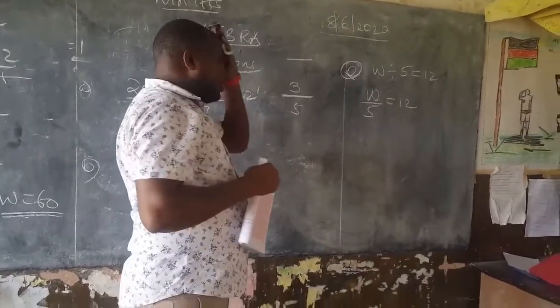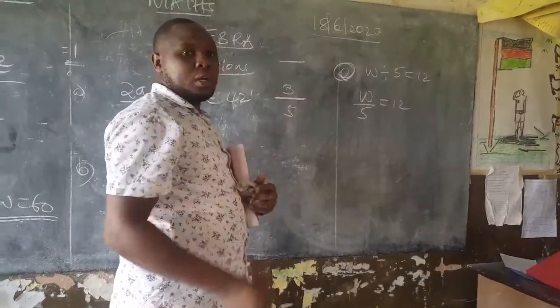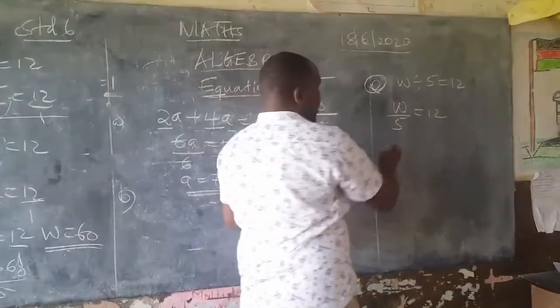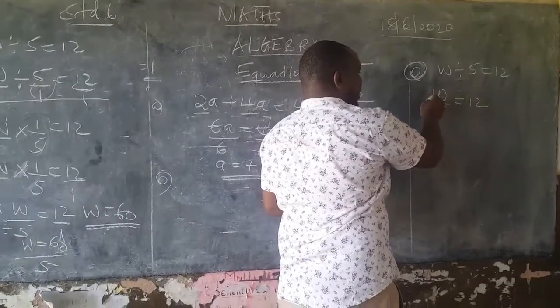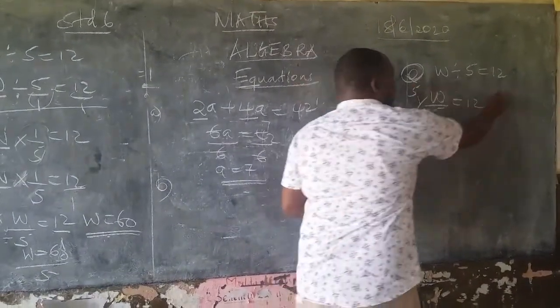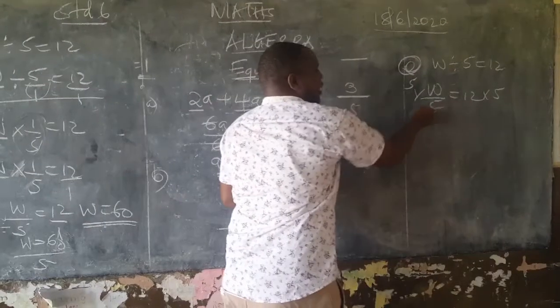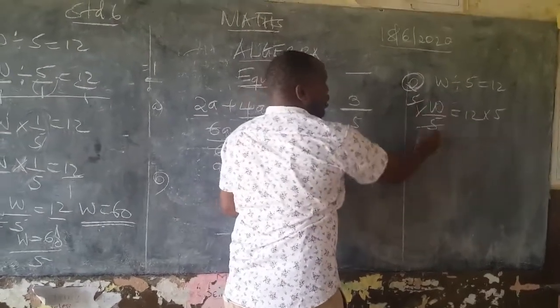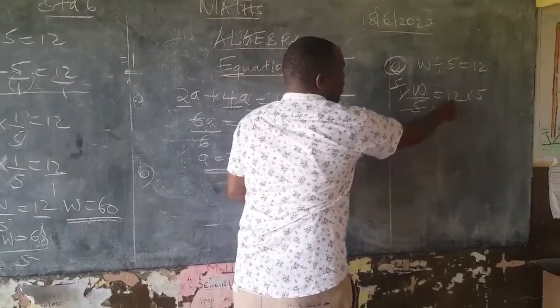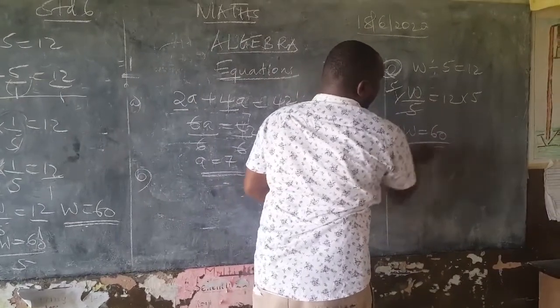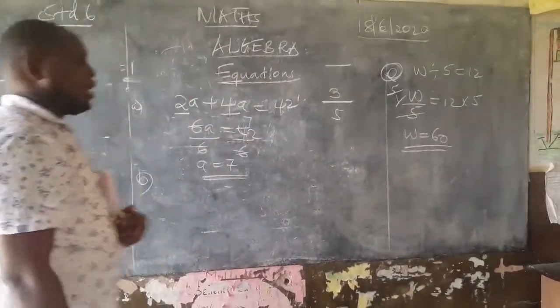From there, learner, we don't find the LCM. We multiply directly. So multiply both sides by the LCM. Multiply by 5. Multiply by 5. So this 5 is going to cancel with this 5. You are going to remain with W is equal to 12 times 5, which is 60. So there are two ways of doing that question.